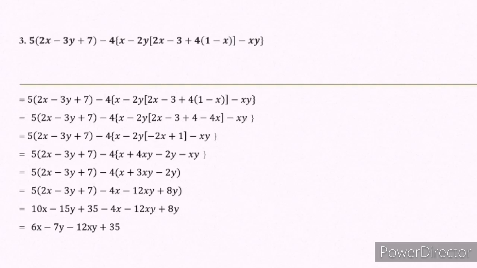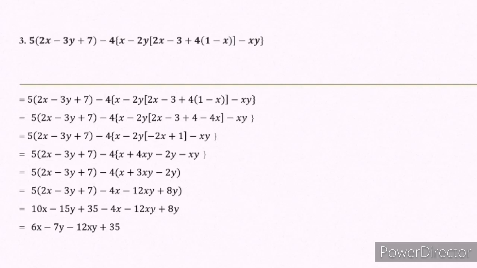We get this negative 4x minus 12xy plus 8y from negative 4 times x is equal to negative 4x. Negative 4x times 3xy is equal to negative 12xy. Negative 4 times 2y is equal to positive 8y.